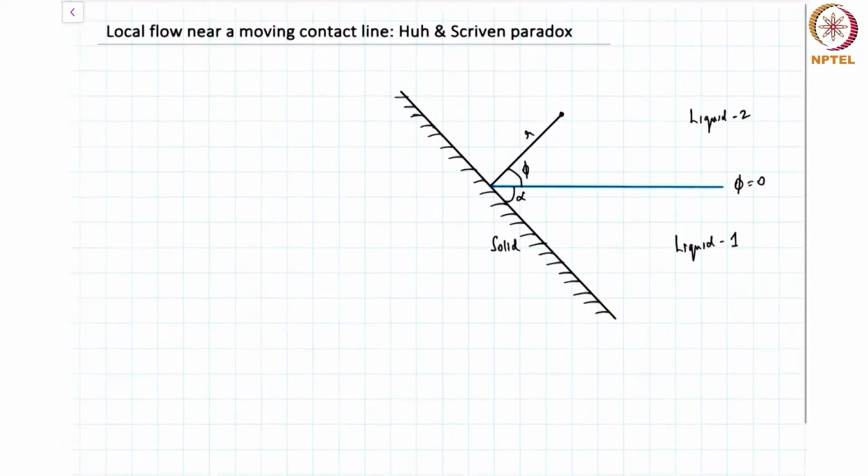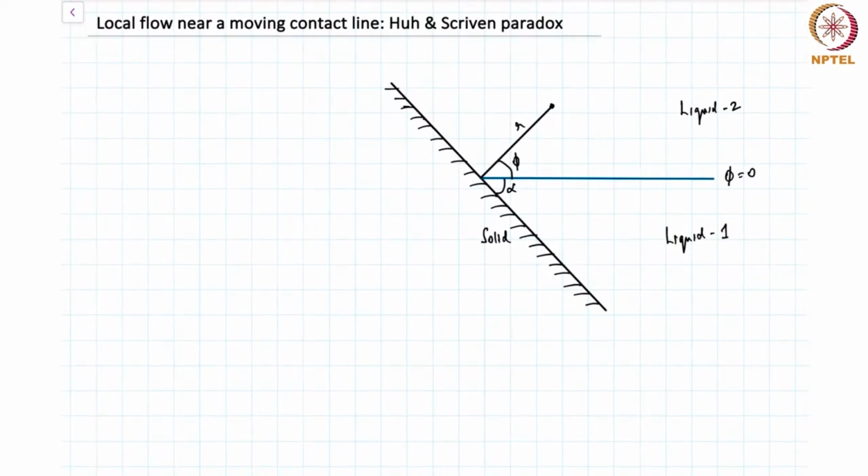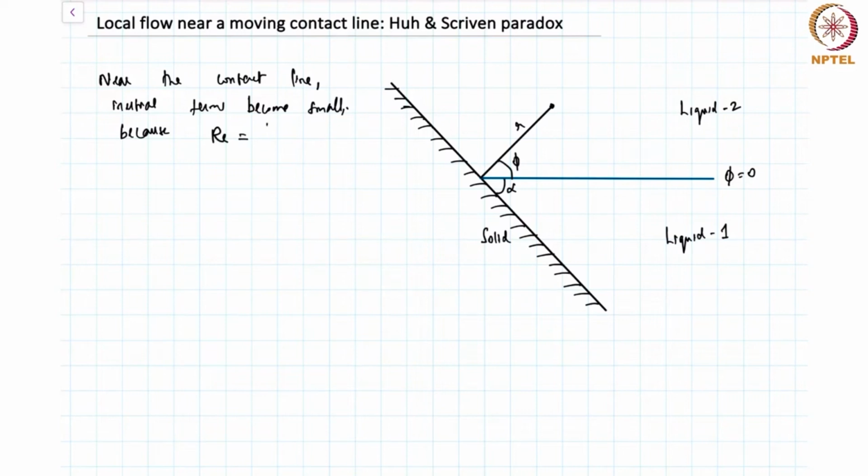The argument is that if you go very close to the contact line, near the contact line, inertial terms become small, because you can define a local Reynolds number, defined as velocity times r by nu, where velocity is the velocity of the plate, which becomes very, very small as r goes to 0. That was the argument.